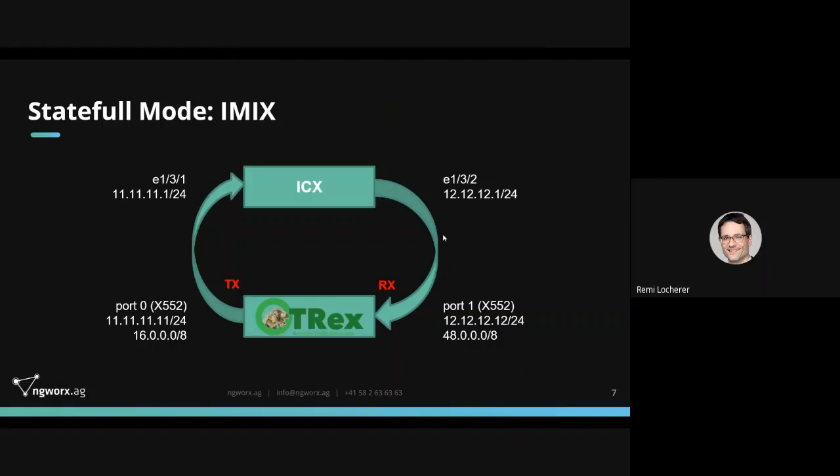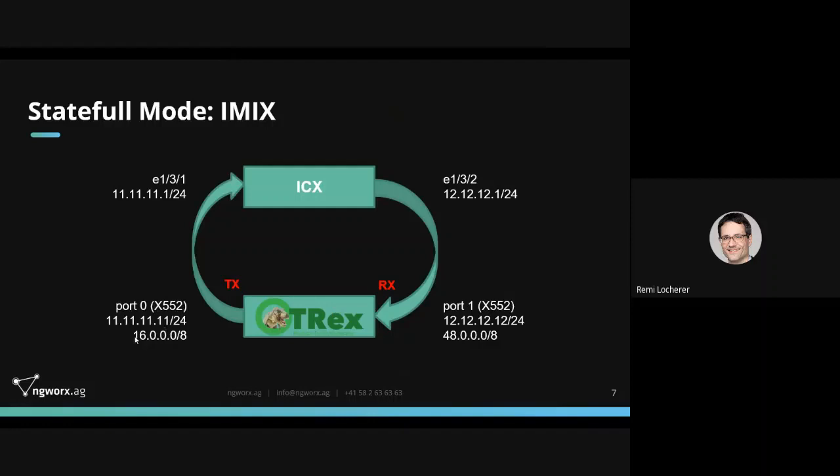So you can see here which IP addresses I added to the devices, and the actual traffic that is generated has a source or destination address, which looks like a network which is attached to the TRex server.